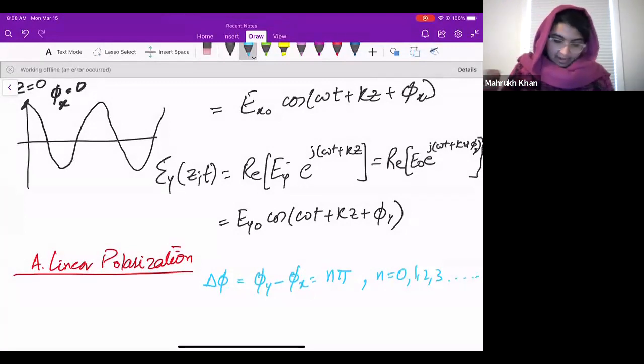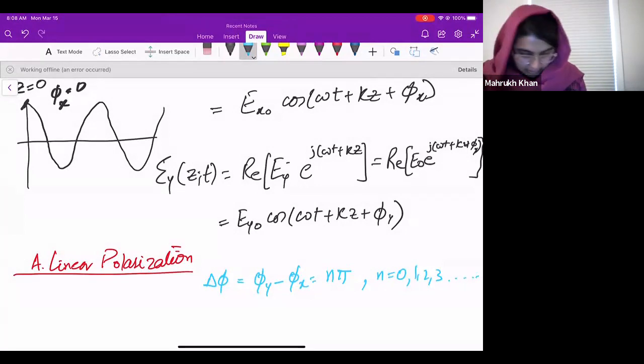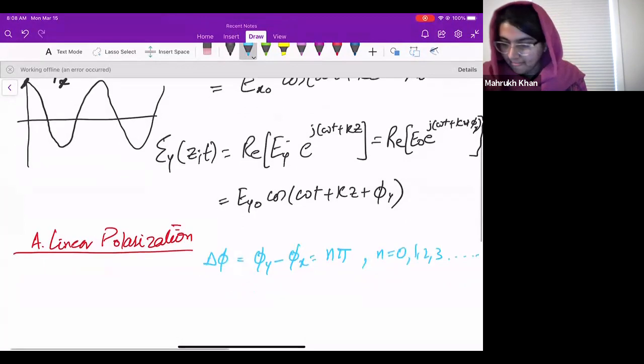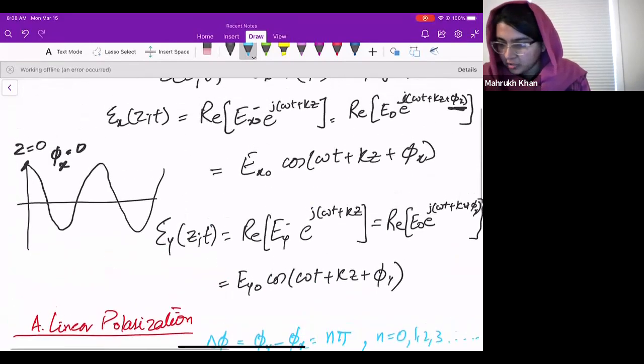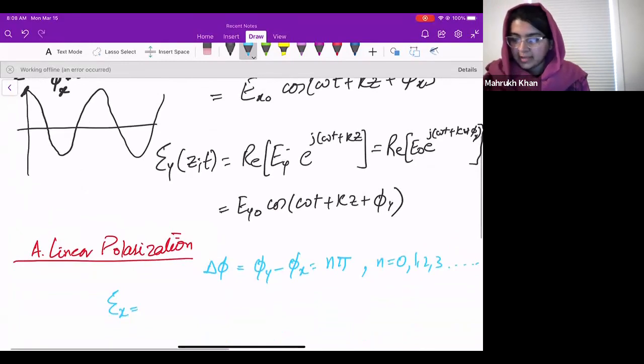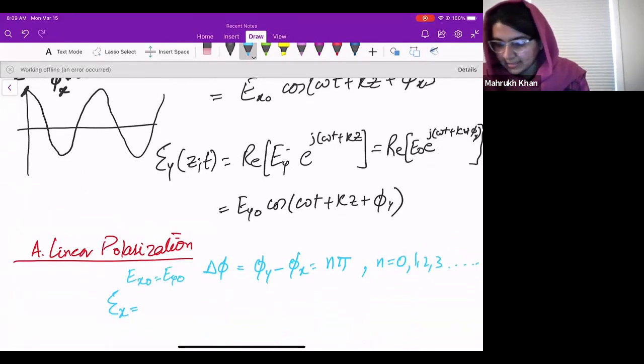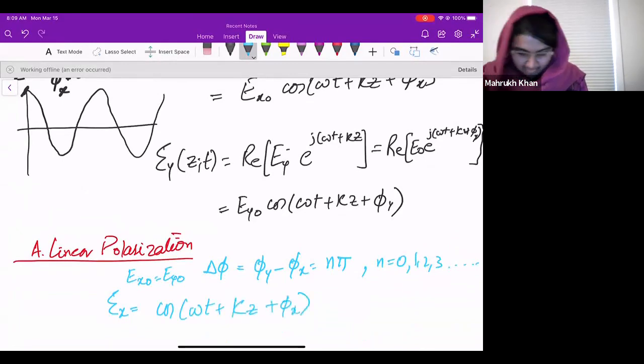Now we can also write the given equation like this. Ex will be, if I ignore for now and assume that the magnitudes are equal, Ex naught equals Ey naught, then Ex will be cos of omega t plus kz plus phi x.